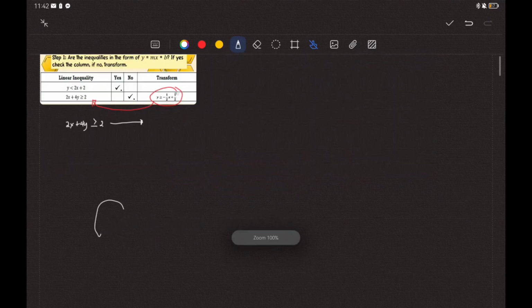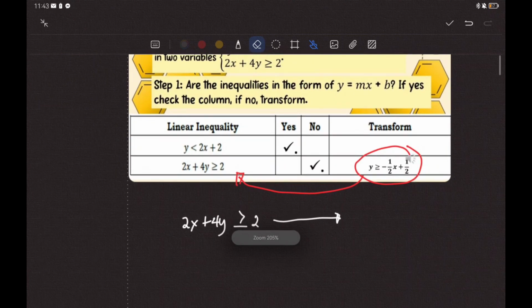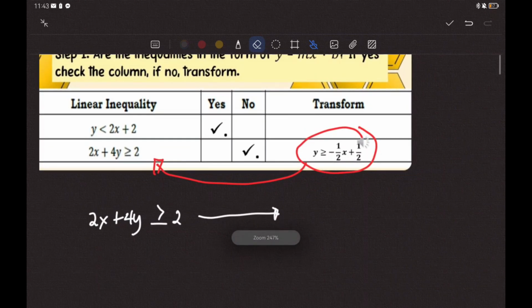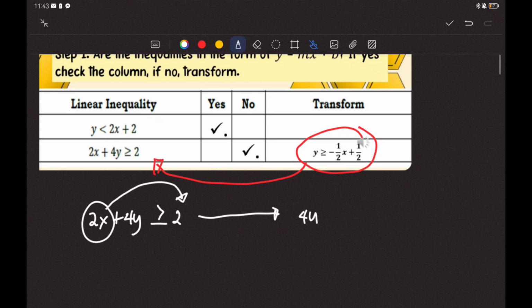Positive 2x will transfer to the other side, so that will become 4y is greater than or equal to negative 2x plus 2.